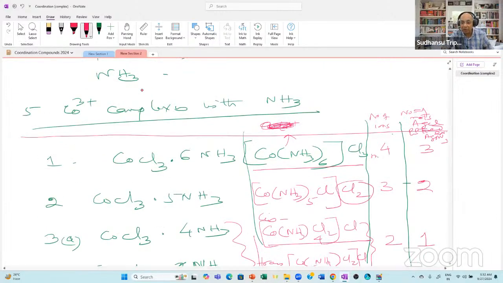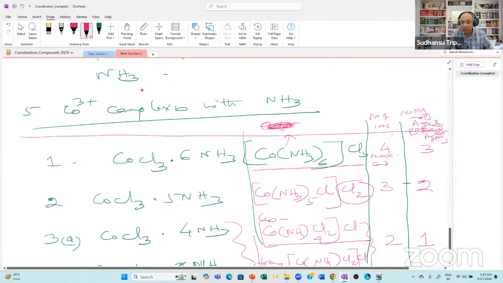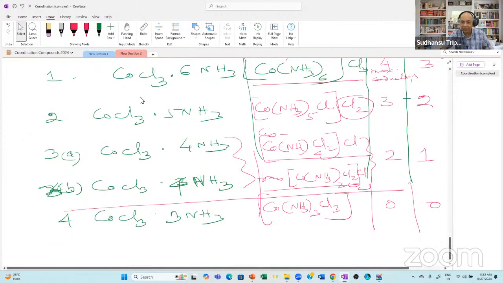The maximum conductivity was found for the first, and minimum conductivity was found for this, and no conductivity was found for the complex with 3 moles of ammonia.